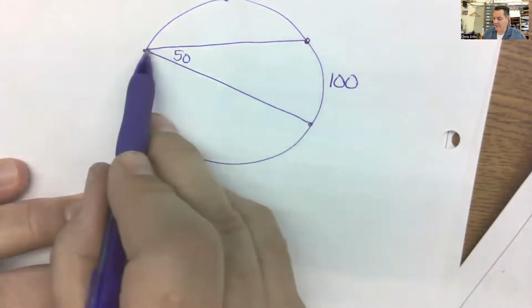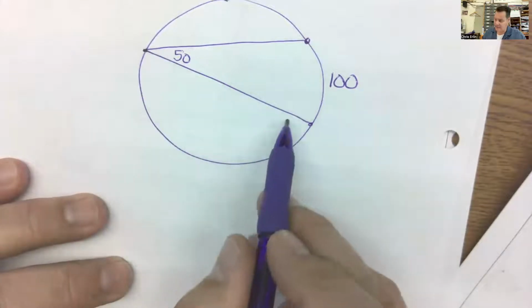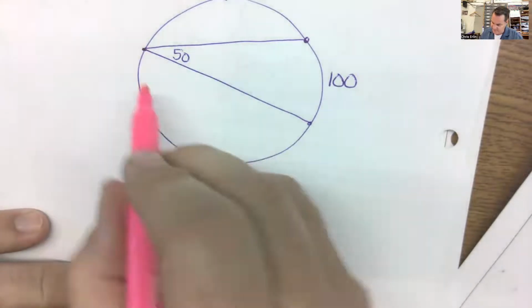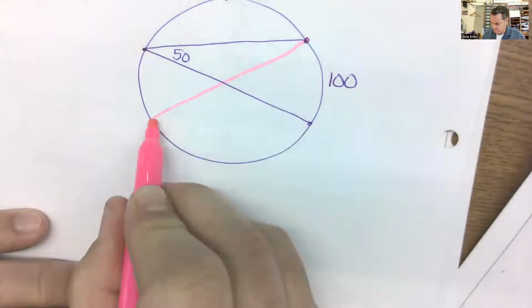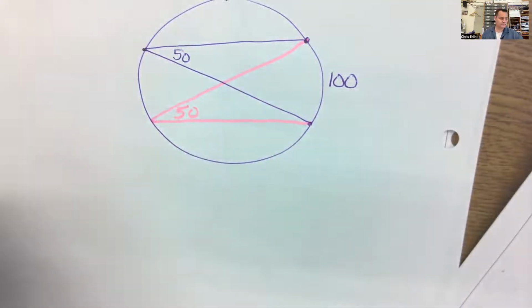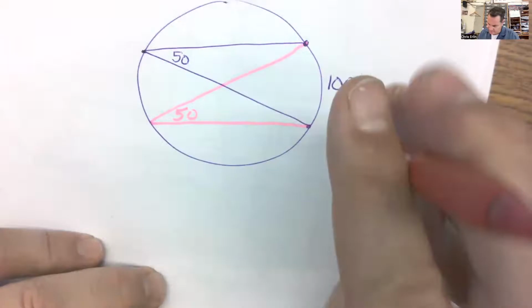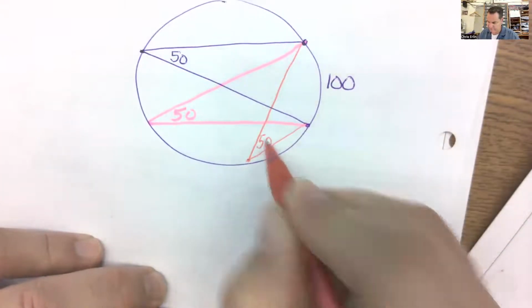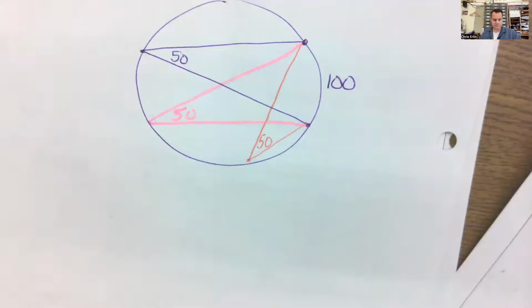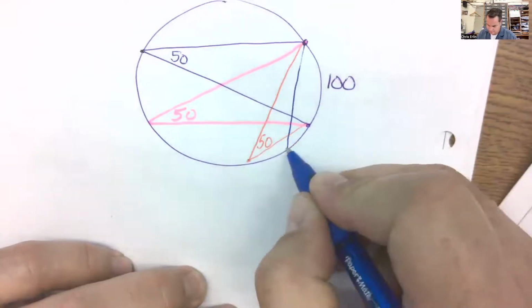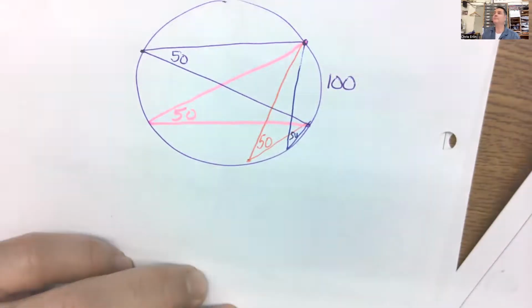In other words, if I pull it all the way back to the edge, it becomes half the size of the arc. And isn't that true even if I move that vertex? So if I move it over to here, isn't it still 50? What about if I move it over to here? Is it still 50? How far can I push that? Is that still 50?